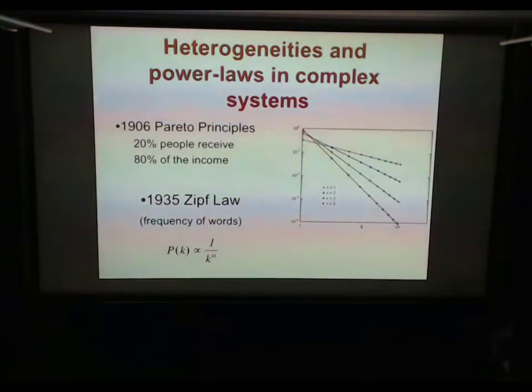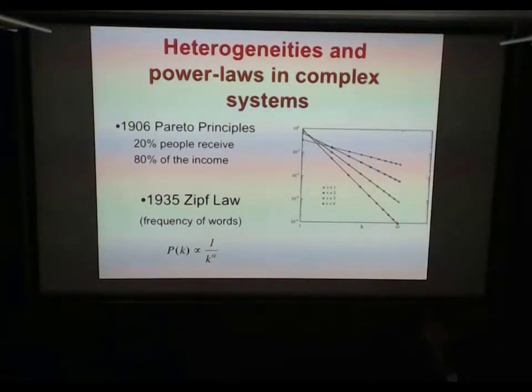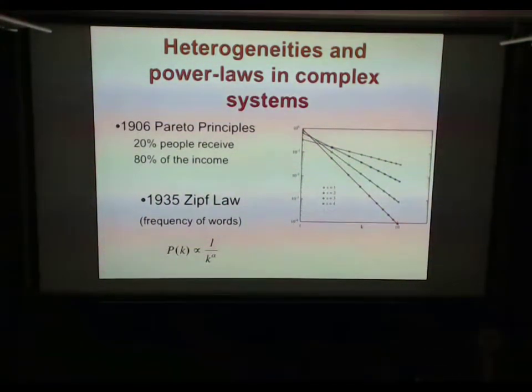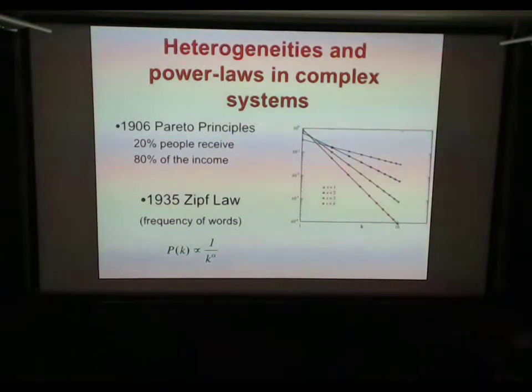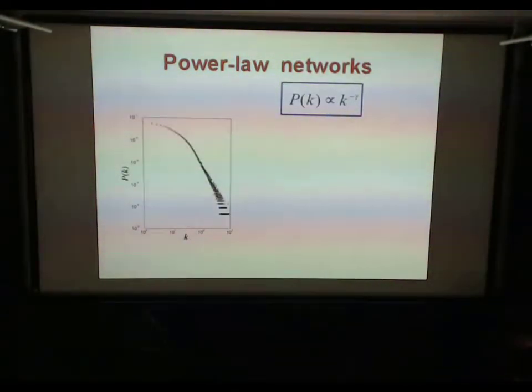Pareto was the first to observe that 20% of the people receive 80% of the income, and actually, this is still becoming more and more extreme. And you have this heterogeneity also in the frequency of words in a text or in the size of the cities and things like this. So we have that also in networks.